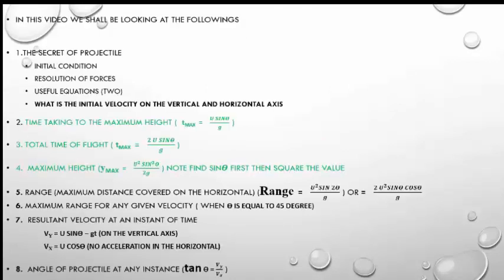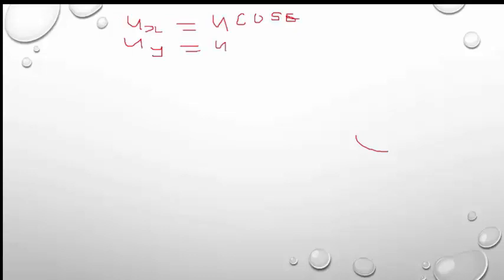So to calculate with this equation now, since we said that ux is equal to u cos theta, and uy is equal to u sin theta, from the two equations I know that v is equal to u plus at.